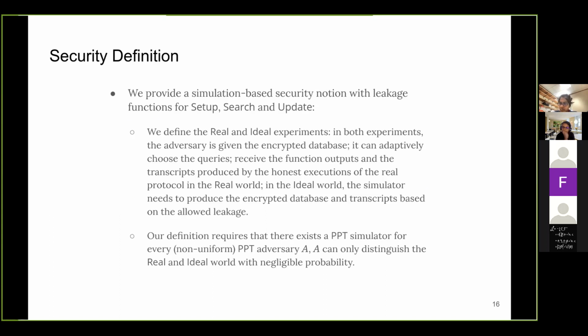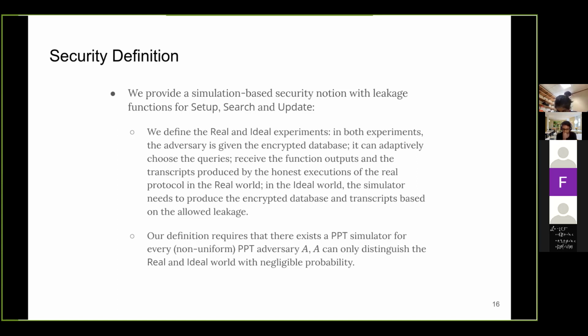Not for response revealing, because even for response hiding, the adversary can know the output because it selects itself the input and the database. Oh, okay. So you mean in the definition, not the adversary in the real world. So in the definition, the adversary can tell the exact output, because it selects the input and also the database.